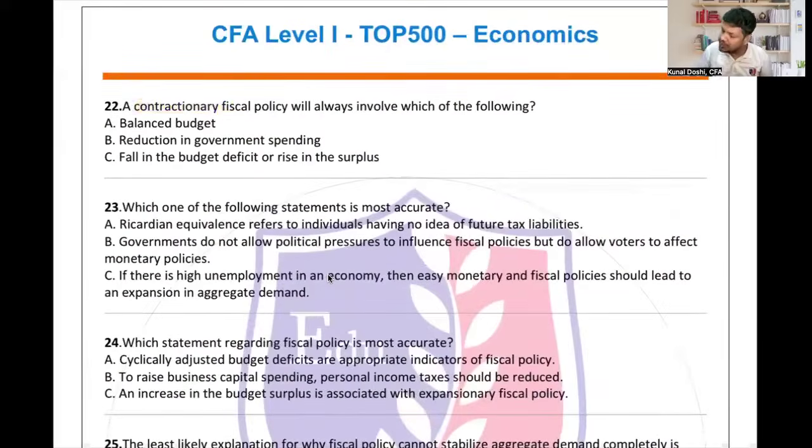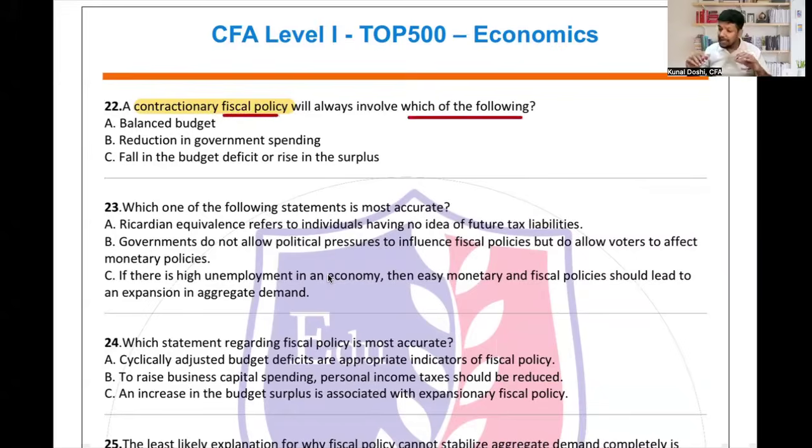Contractionary fiscal policy. Guys, fiscal policy is about taxes and government spending. So when government spending is high or when taxes are low, it's expansionary. Contractionary is when the government spending is low or taxes are high or both. So contractionary fiscal policy will always involve which of the following?